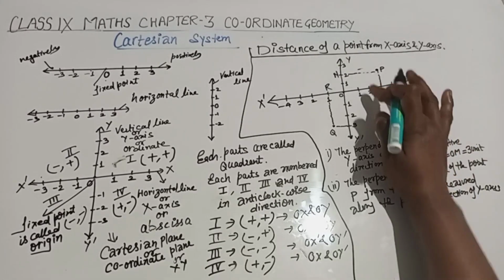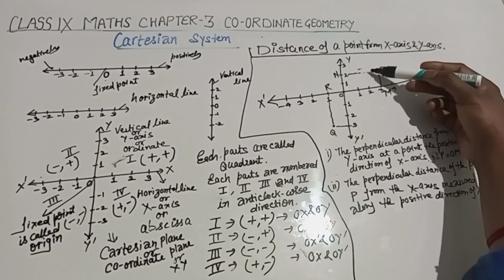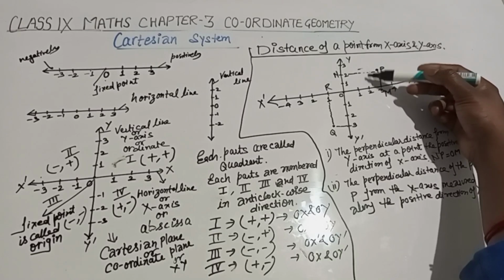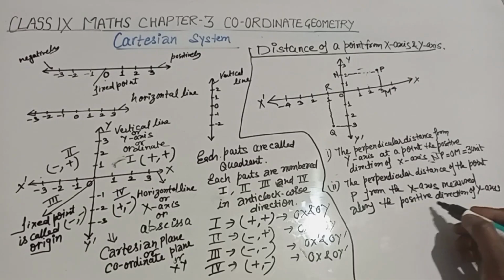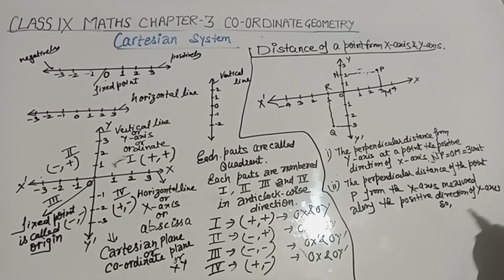So from the x-axis to P, you are going along the y-axis. It means PM is equal to ON is equal to 2 units. Any confusion? I hope you have no confusion about it.